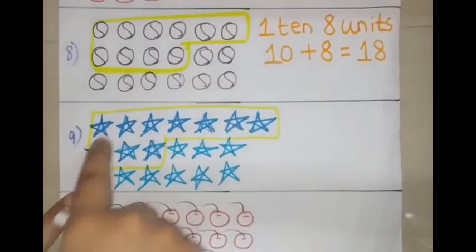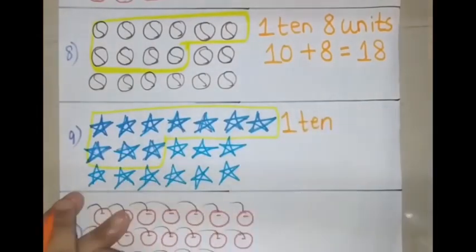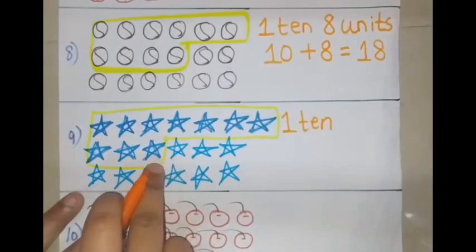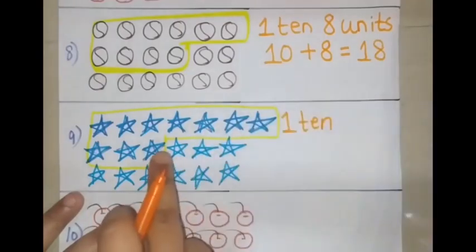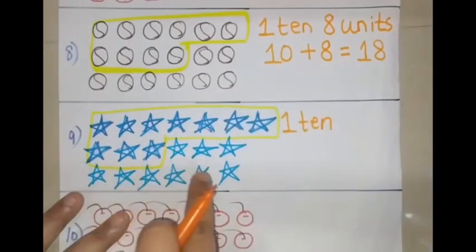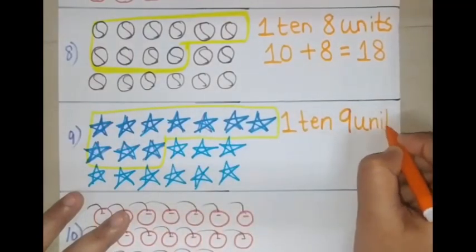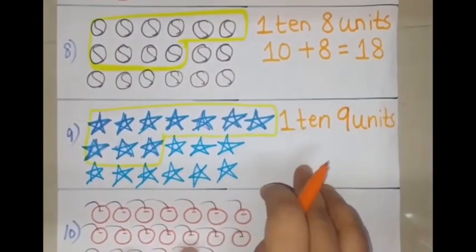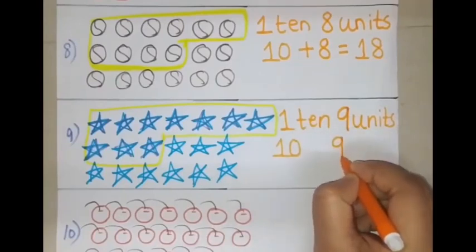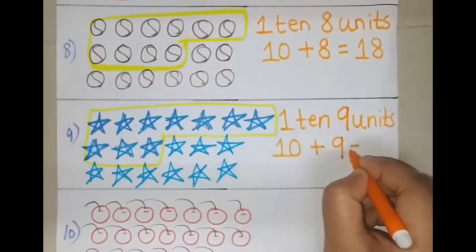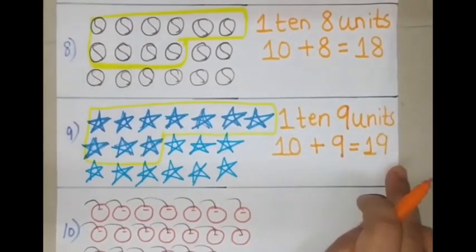So this one group of 10 we'll write as 1 ten, and the remaining stars we'll write as 9 units. So children, 1 ten means 10 and 9 units means 9. So 10 plus 9 is equal to 19. So 10 and 9 make 19.